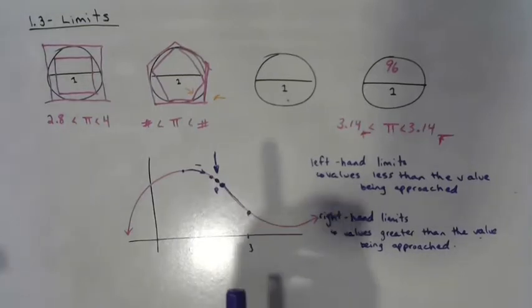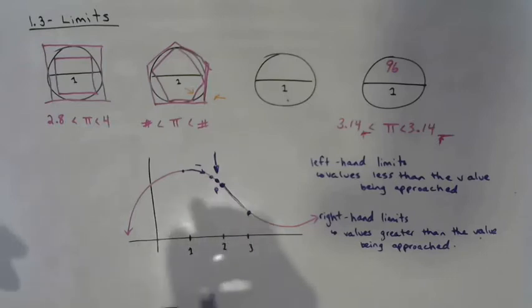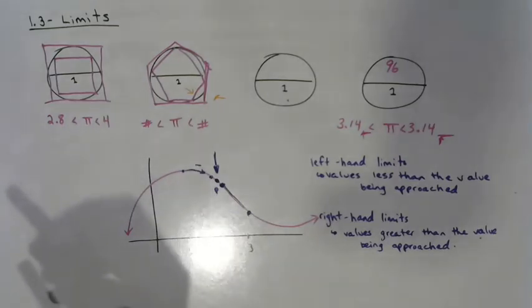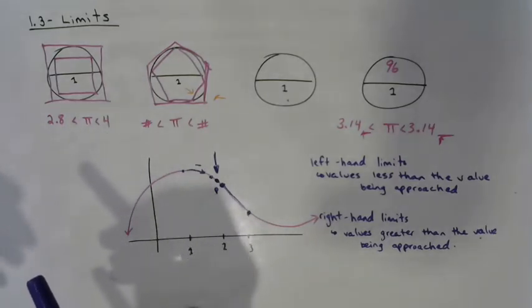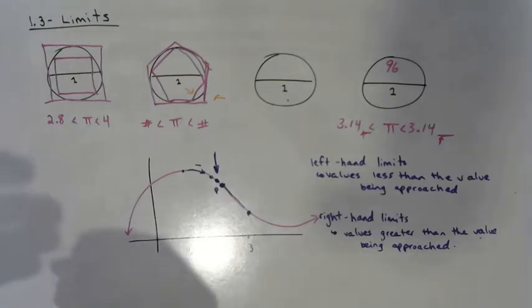So just like Archimedes figured out that the circle is the limiting shape of the polygon, as the number of sides gets greater, the side lengths get smaller, the polygon reaches its limit. It reaches the maximum possible area that it could encompass without actually becoming a circle, because a polygon can't be a circle. That's what we mean when we say circle is the limiting shape of the polygon.